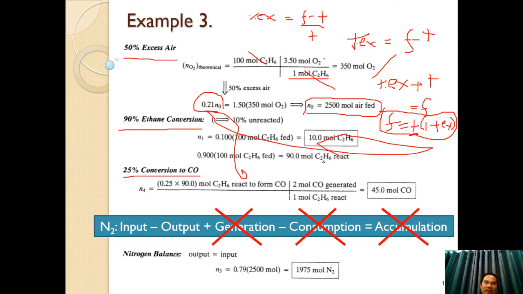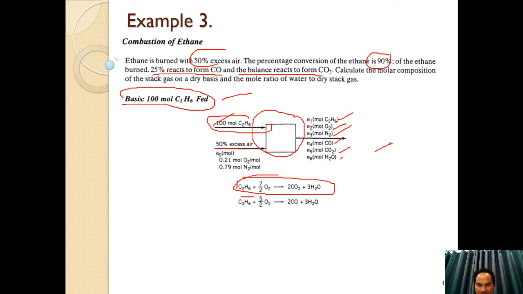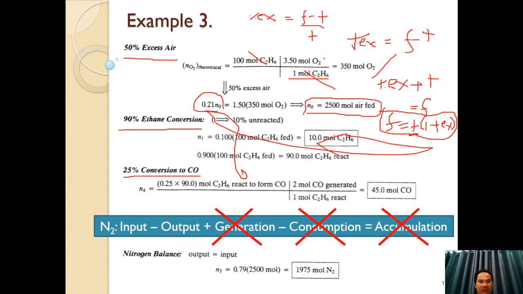In the second step, you consider the 90% ethane conversion. 90% ethane conversion means 10% unreacted. 10% unreacted means ethane is 10% of feed. Feed is 100. N1 is equal to 0.1 multiplied by 100 mole ethane in feed.